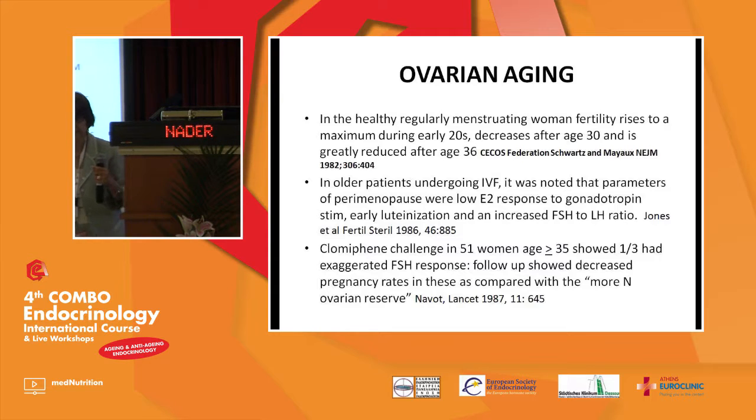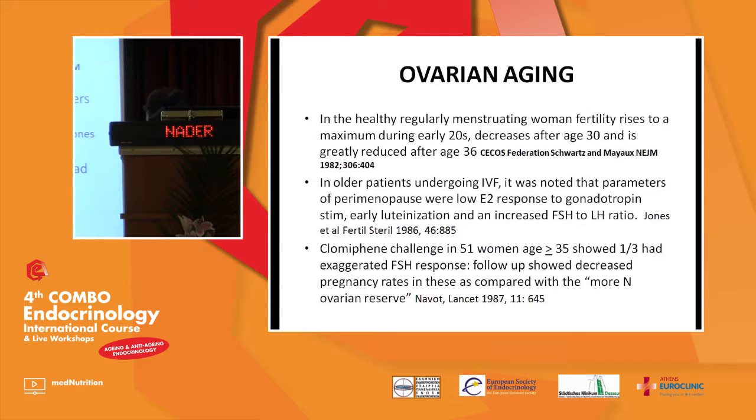People didn't talk about it as much. And after that, of course, the literature has exploded. So again, I repeat, in a regularly menstruating woman, fertility rises to a maximum during her early 20s, decreases after age 30, and is greatly reduced after age 36.